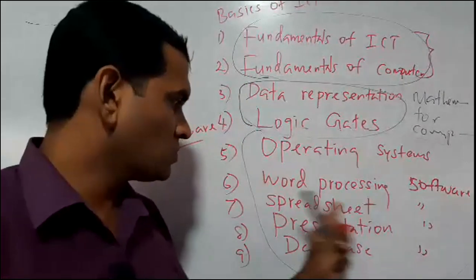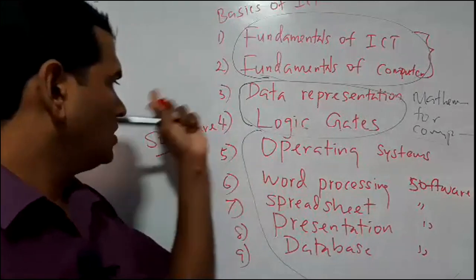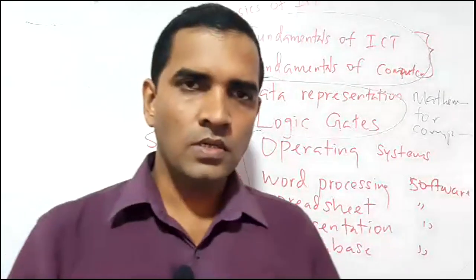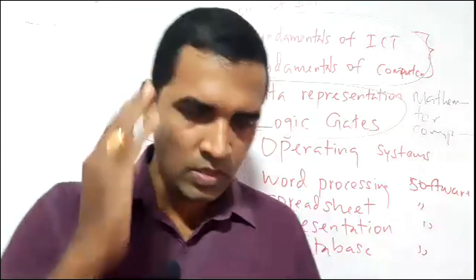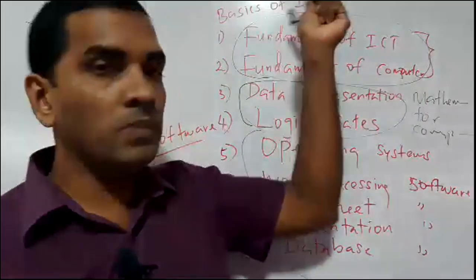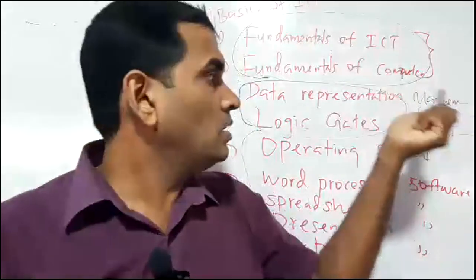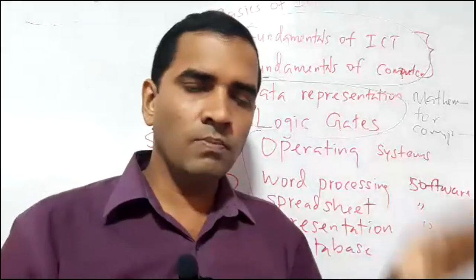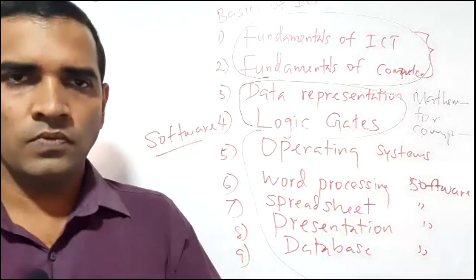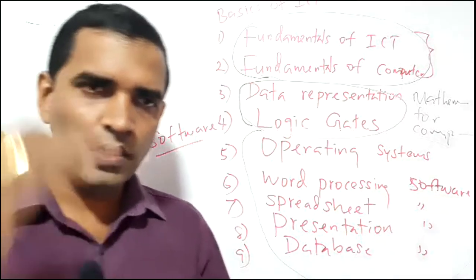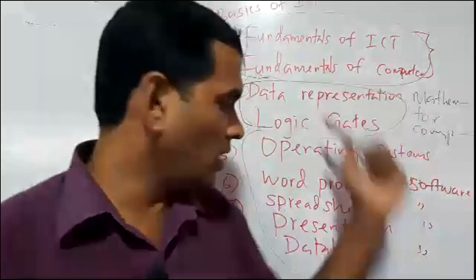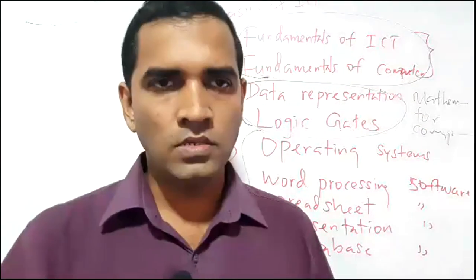Even word processing, spreadsheet, presentation, databases, all of them are software. So we have only 3 things: basics or fundamentals of ICT, mathematics for computing, and also some software. These 3 areas are divided into 9 for your convenience.